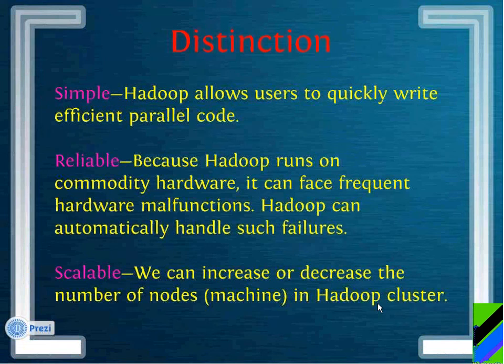So suppose initially there were 10 machines in your Hadoop cluster, and you submitted some job to the master machine. So your master machine might have distributed the task among all the slave machines. Initially, all the 10 machines were running fine. But before completion, suddenly, 3 machines crashed. Now what will happen?